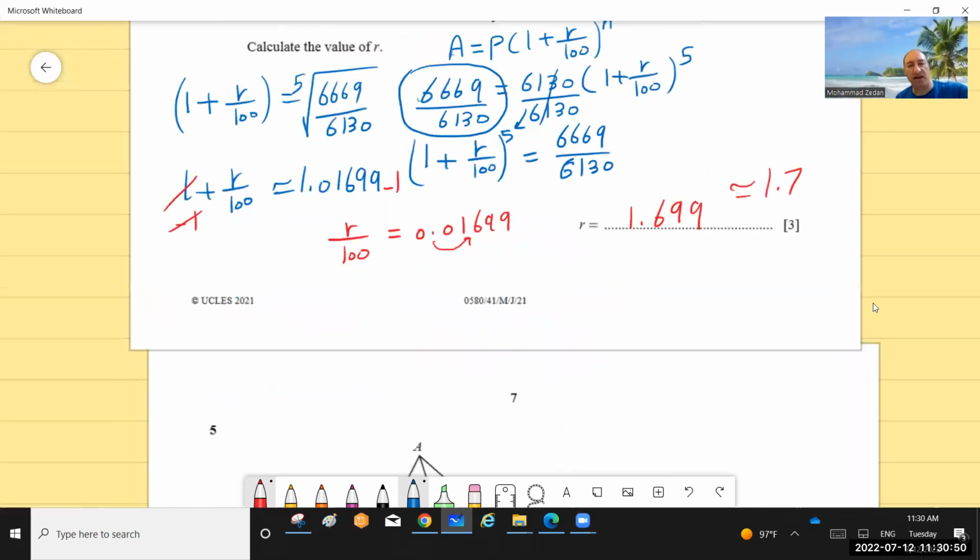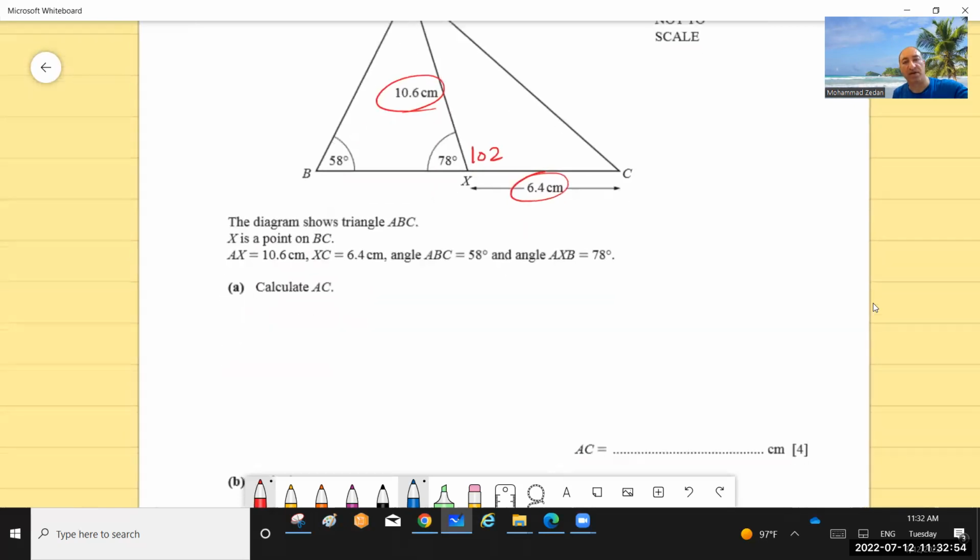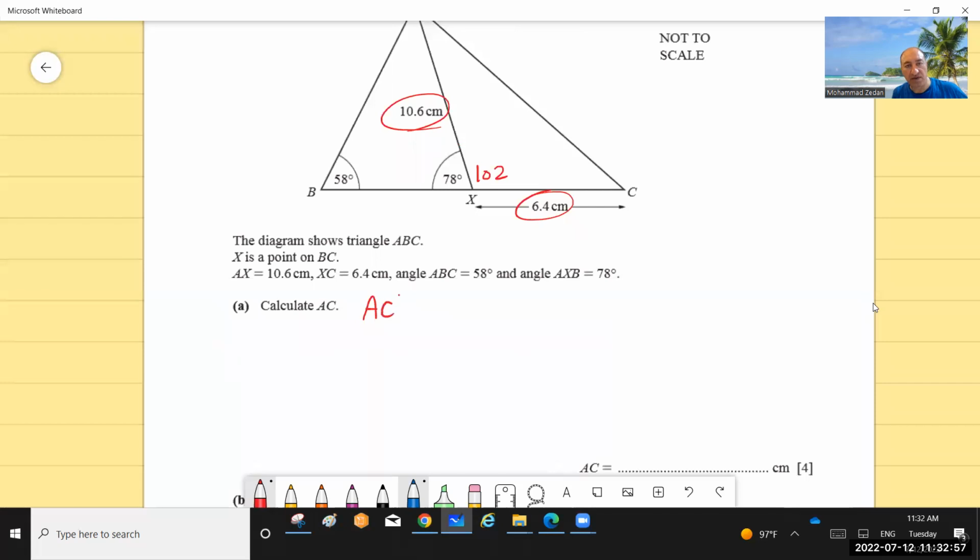Question number 5. I have a triangle. Calculate the AC. In triangle AXC, you are given side angle side. You can find this angle, 180 minus 78 is 102. And this side, so you can use the cosine rule simply to find the AC. So AC squared equals 6.4 squared plus 10.6 squared minus 2 times 6.4 times 10.6 cosine the included angle 102.